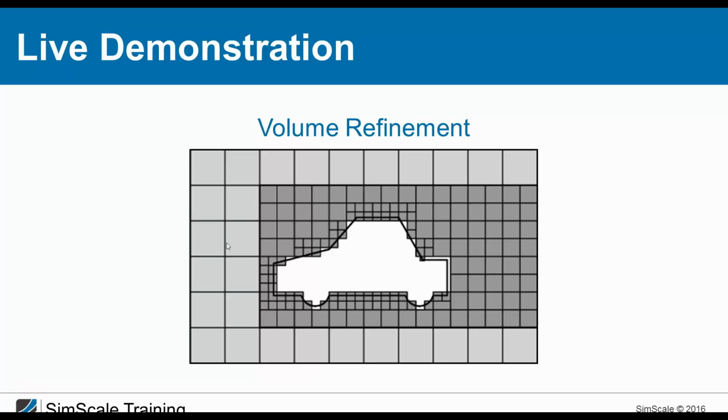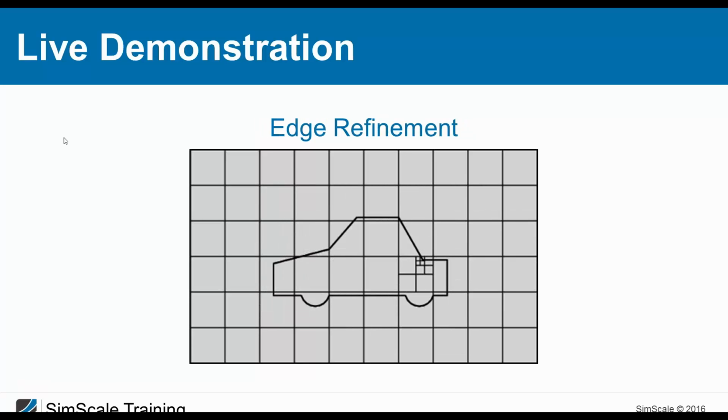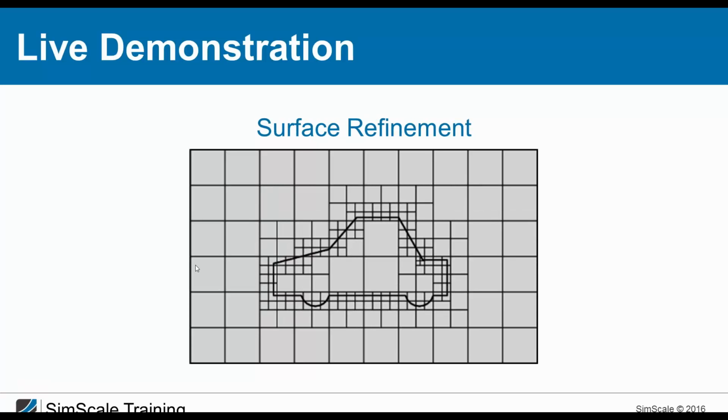At SnappyHexMesh, you don't define the mesh size based on length, but based on level. And each increase of 1 level is equivalent to splitting the cell. So to make it a little bit more vivid, this is level 0. This is split 1 time, level 1.